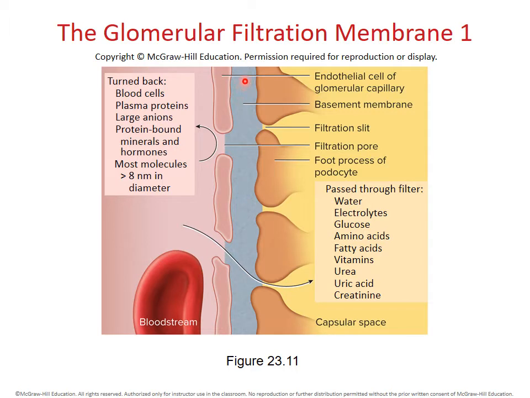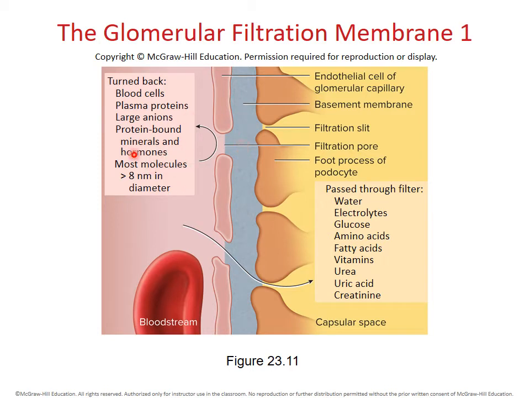The basement membrane that anchors the 2 cell layers together is essentially a proteoglycan gelatinous material. Remember, proteoglycan means a protein carbohydrate complex. And this also gets involved in determining what gets filtered.